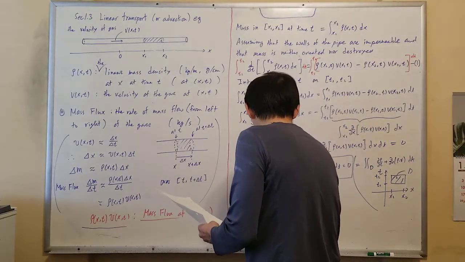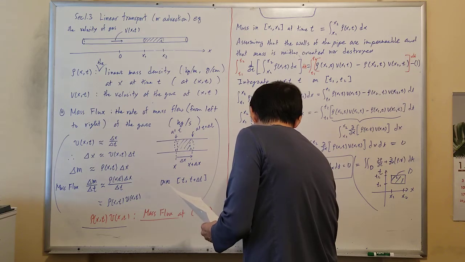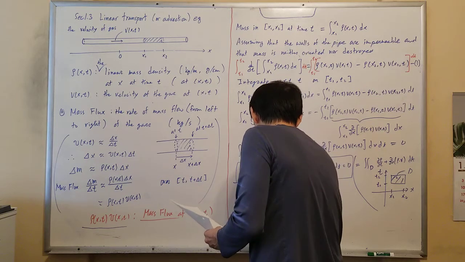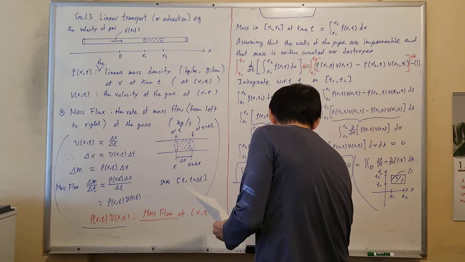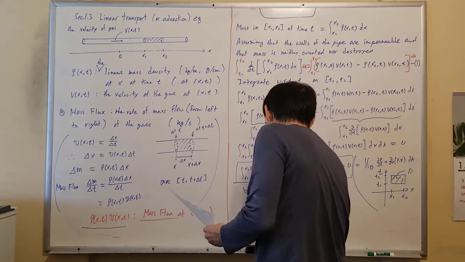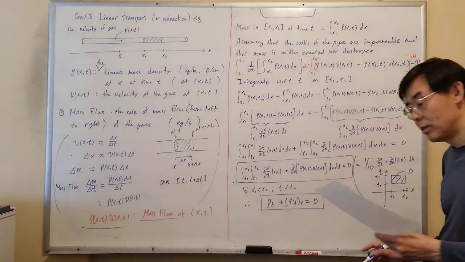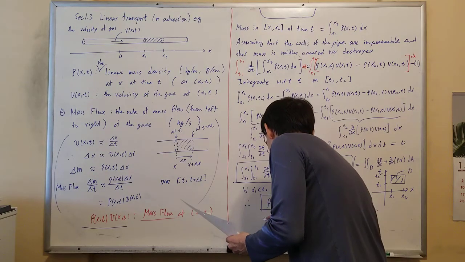Therefore, this inside: I'm going to write a subscript, rho sub t plus the partial of rho times v with respect to x, equals 0. That's what we call the conservation law.